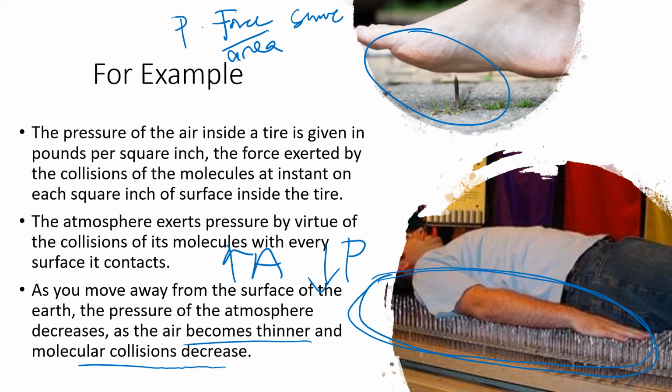However, if the same force goes on a small area, a decreased area, that means a lot of pressure right there. That's why people are able to lay on a bed of nails and not feel a thing, but it hurts to step on a rusty nail or a nail sticking out like that. And if you want to look more into that, you can YouTube or Google tetanus, and that will talk about that as well.